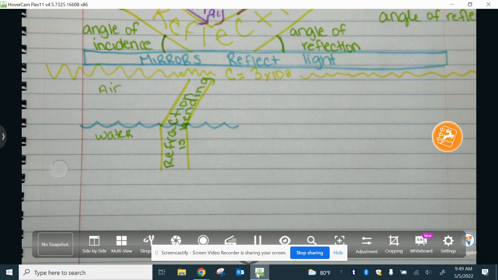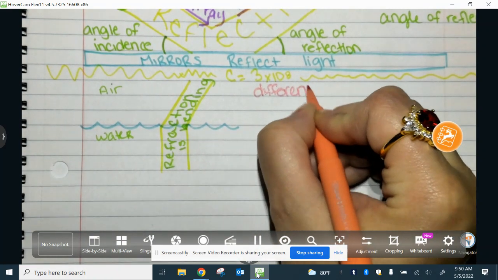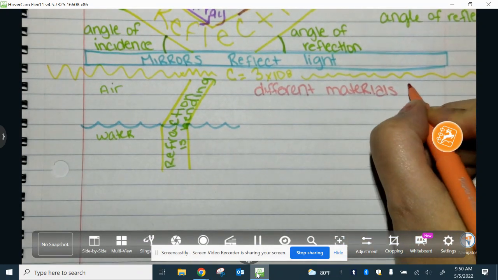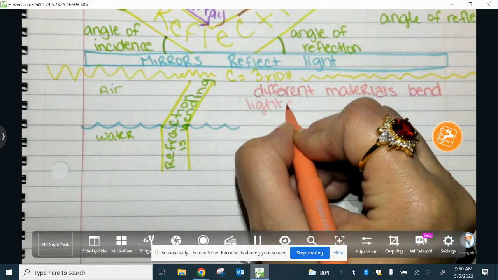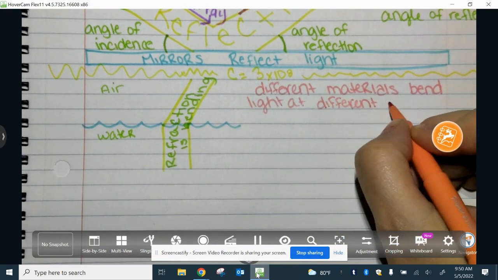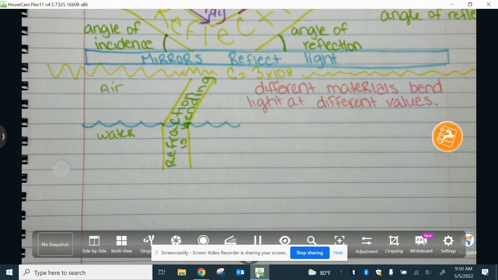All right, so different materials bend light at different values. You see this when you're driving at night and it's a clear night.